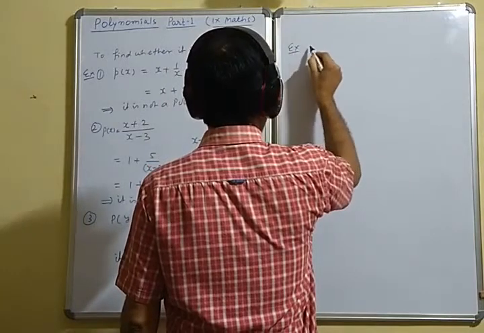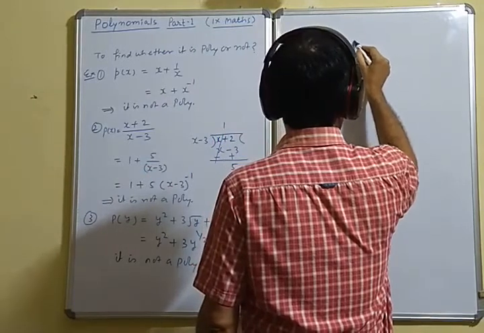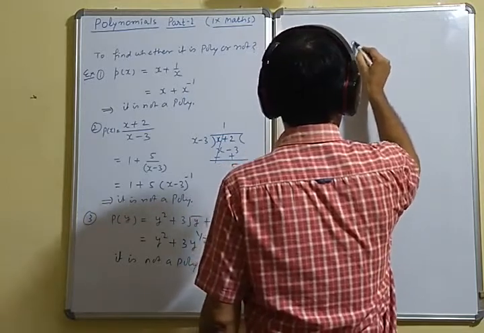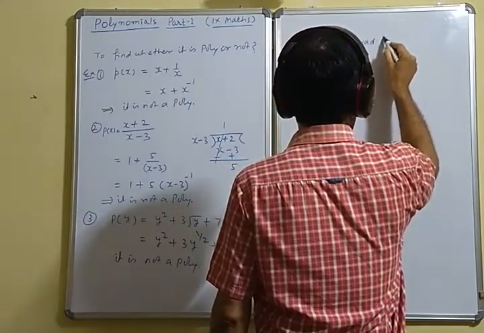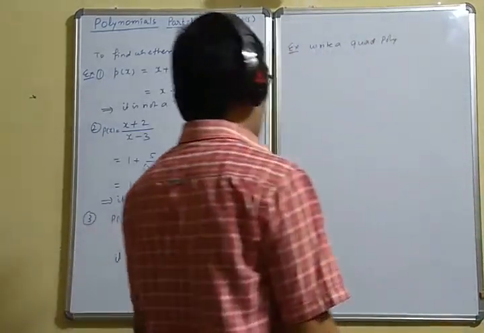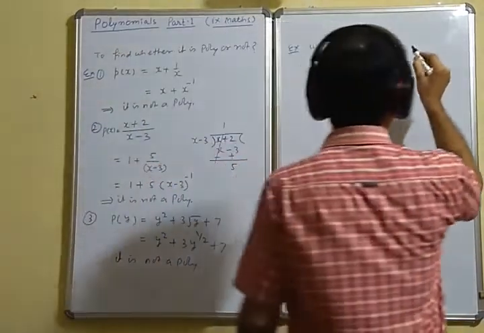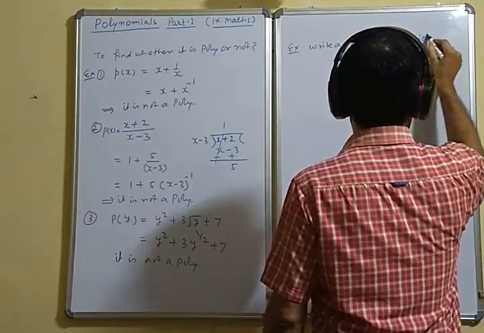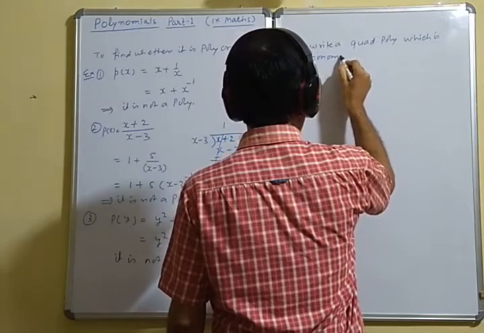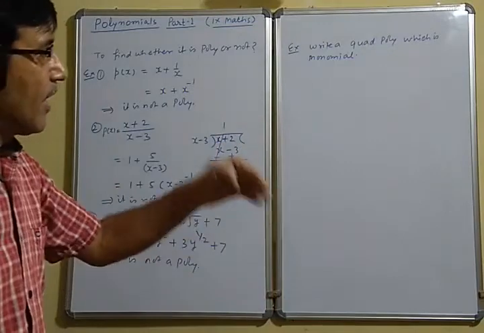Some examples: write a quadratic polynomial which is a monomial.